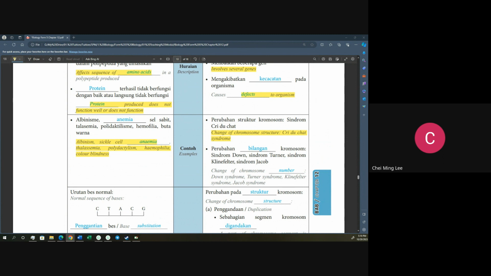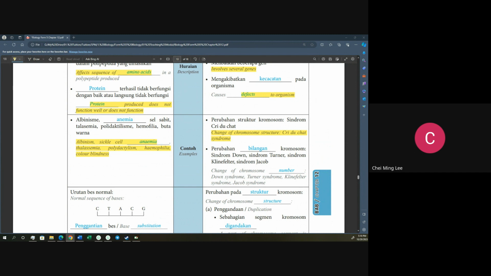Those who have Cri-du-Chat syndrome normally have several symptoms.